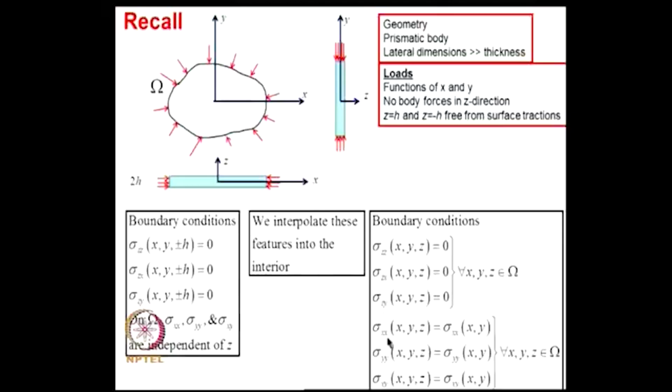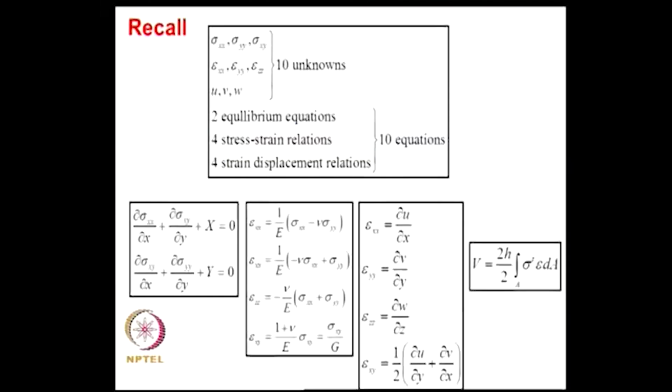And similarly, sigma xx, yy and xy, which were independent of z on the boundaries, now become independent of z throughout the interior. So, this is the basic postulate of a plane stress model, and from this we use the constitutive law, get the strains and then use strain displacement relations and arrive at a model for displacement.